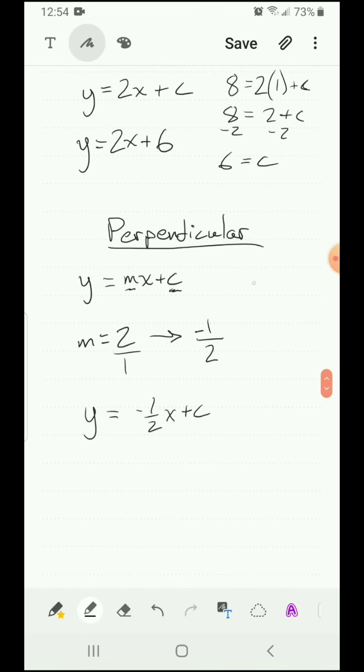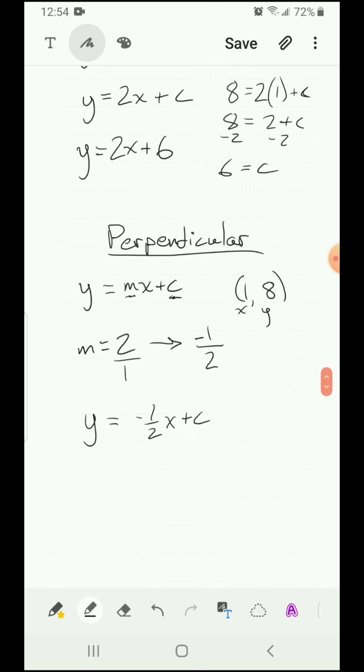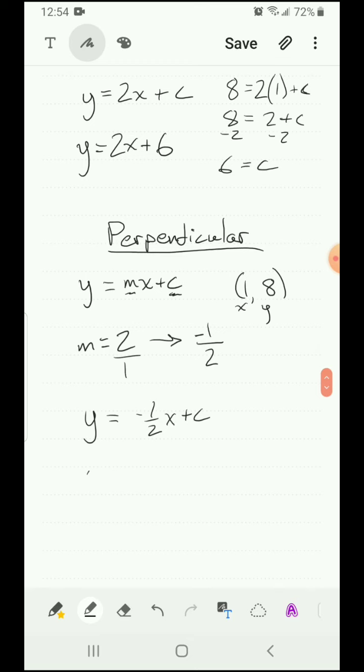Again, we don't know what c is, but again, it's going through this same point. So we're going to find what c is with the exact same process we used for the parallel line. So instead of putting y, I'm going to put 8. And I'm going to put 1 in for x. So 8 equals negative, I'm just going to use decimals, negative a half times 1 is just negative a half.